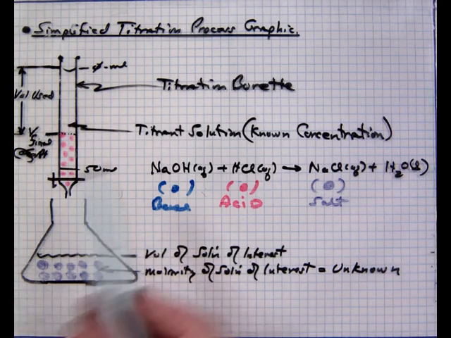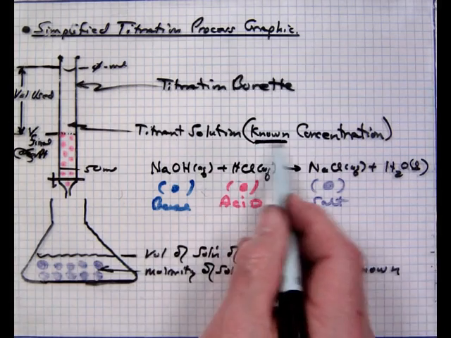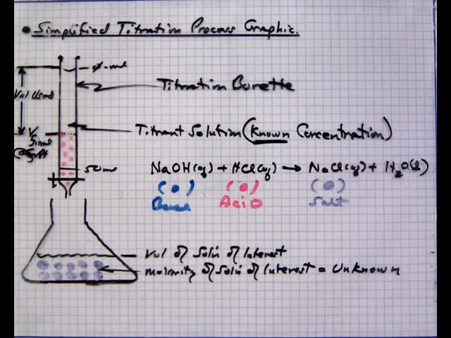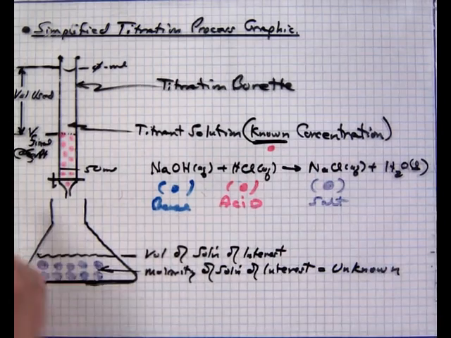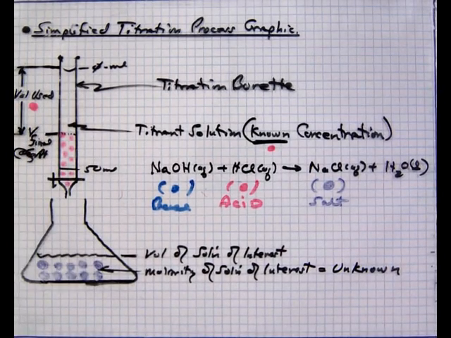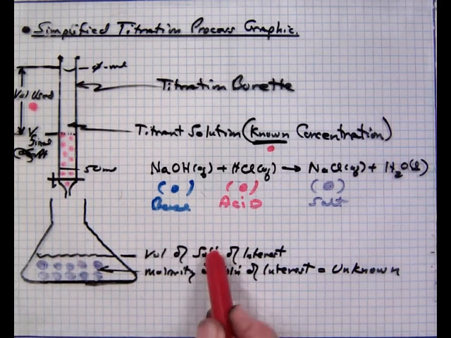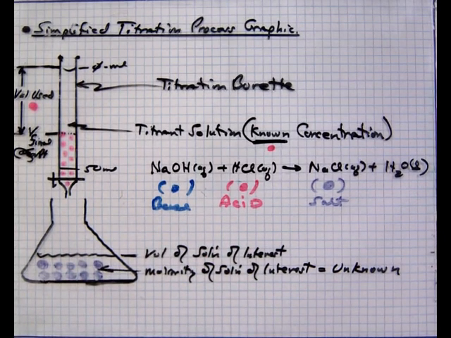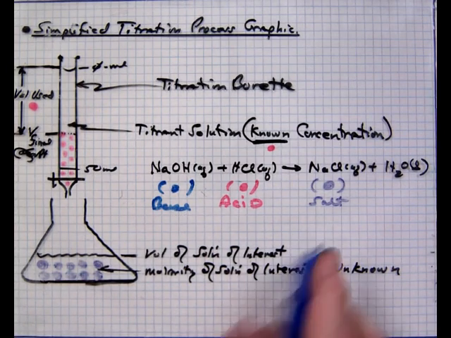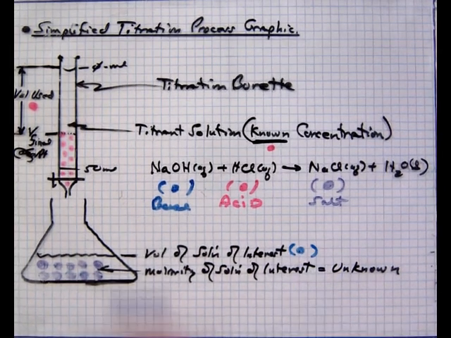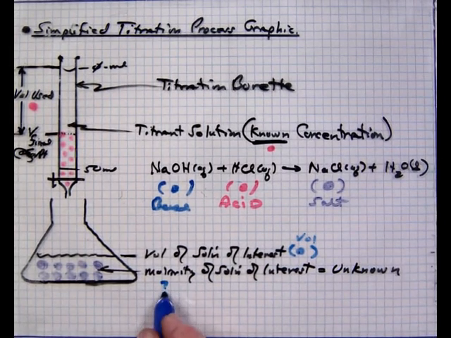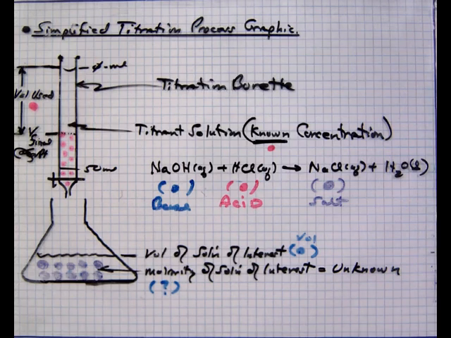Now you have a known concentration of acid and a known volume of acid used. At this point you also have a volume of the base, and so the issue is, what is the molarity of the base solution that you've neutralized?